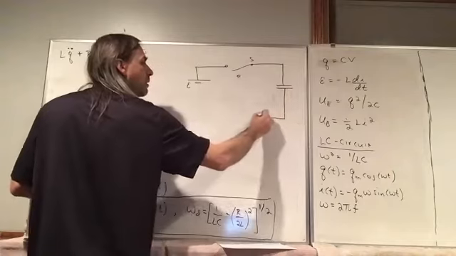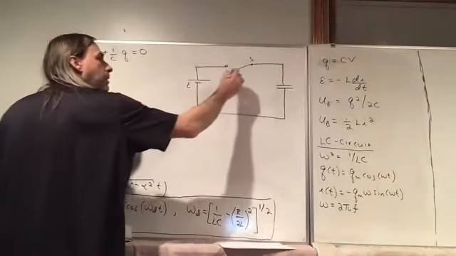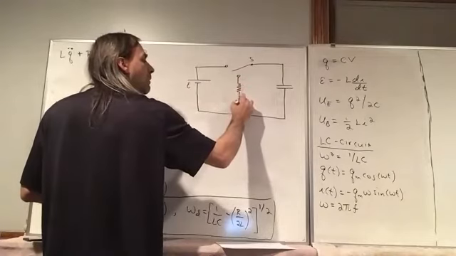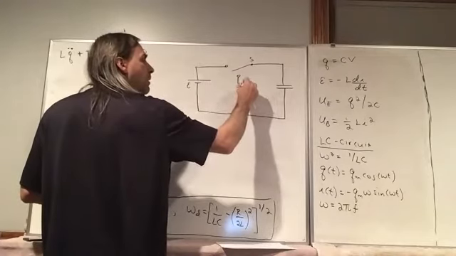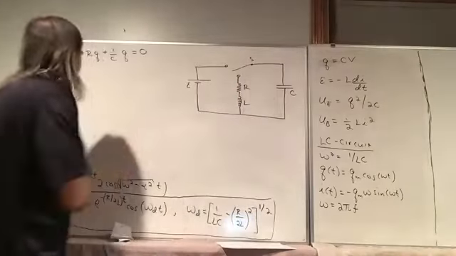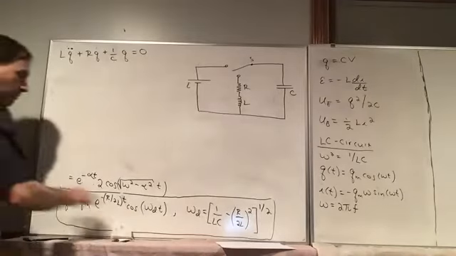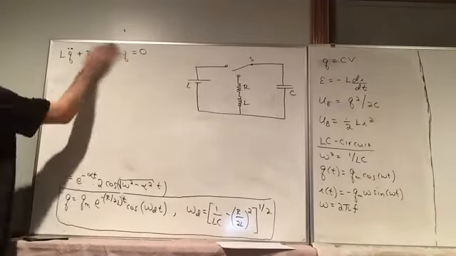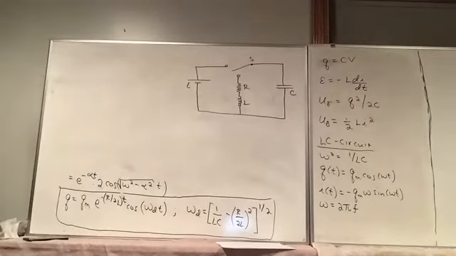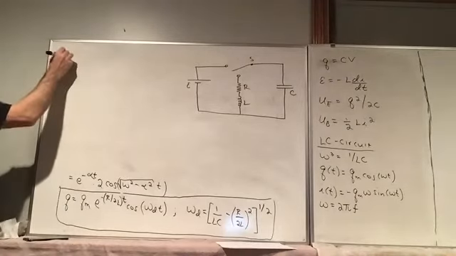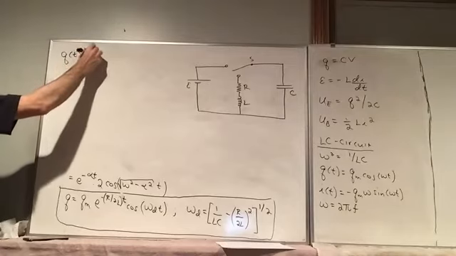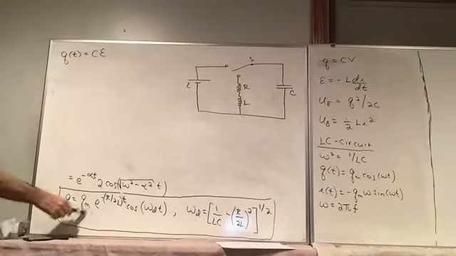So we have this loop here to charge the capacitor. Okay, so what we know, let's write down the solution then for Q as a function of time. Q max is C epsilon.